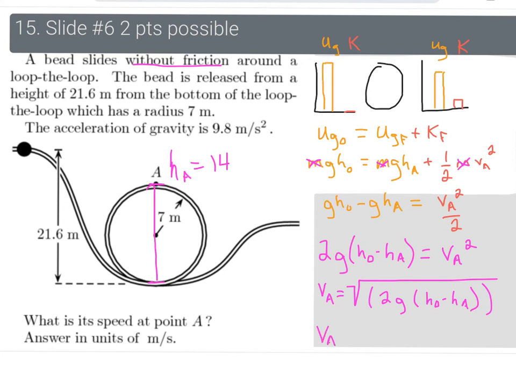Alright, so let me plug in my numbers. The velocity at A for me is going to be the square root of 2 times 9.8 times 21.6 minus 14.